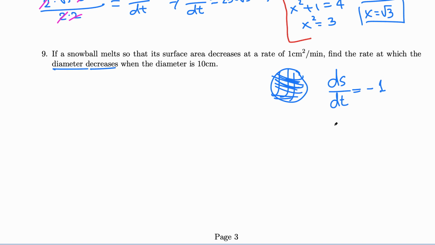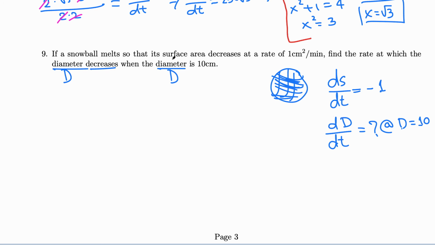Okay, diameter. So derivative of diameter, let me denote by uppercase D, because lowercase d is here. This is the rate of change of diameter when the diameter is 10 centimeters. At the moment when the diameter is 10 centimeters. Centimeter, so we don't have to worry about units.